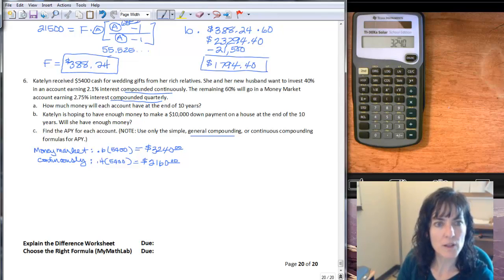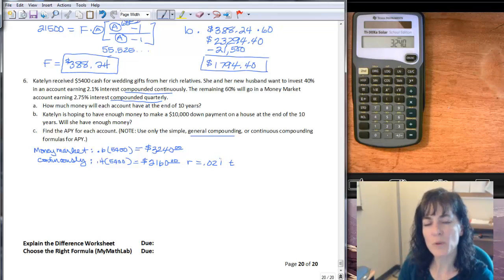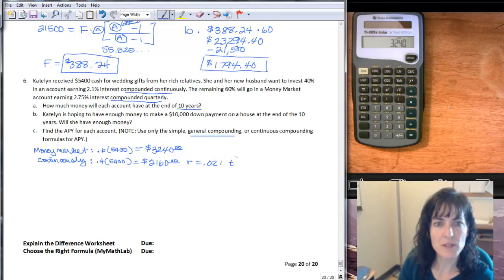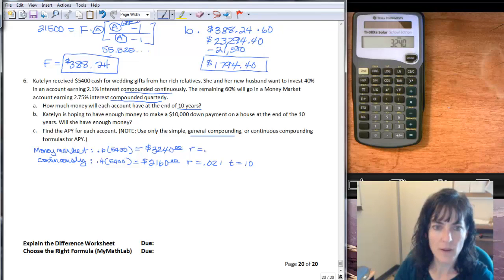For the first one, compounded continuously, I have a 2.1% interest, so my rate is 0.021. And remember, we just have a few variables for compounded continuously. The time is going to be 10 years. For the money market, the rate is going to be 2.75%, so 0.0275.